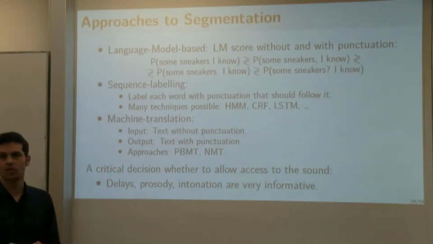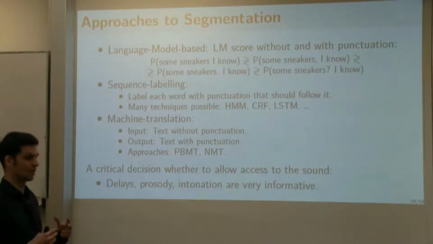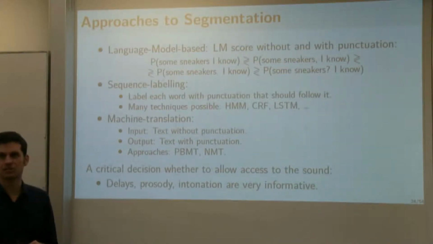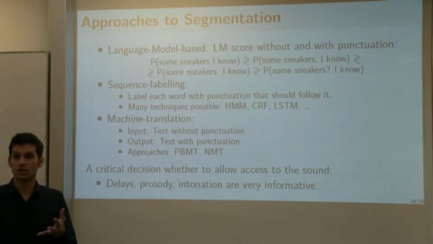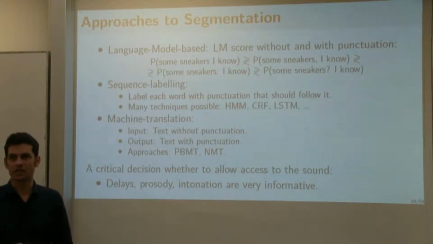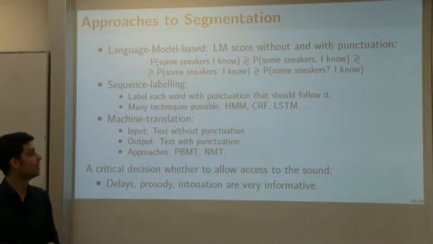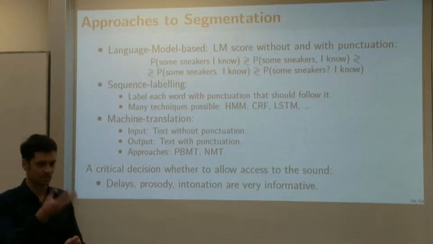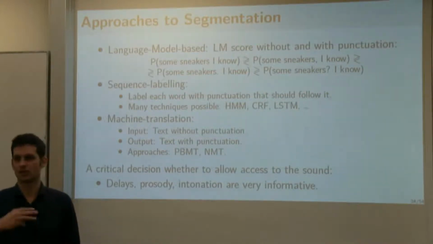Another approach would be to use sequence labeling algorithms. You have a stream of words, a sequence of words, and for every word you add a tag, as in part of speech tagging. But this tag does not indicate the part of speech; instead it indicates what punctuation should be used after this word.